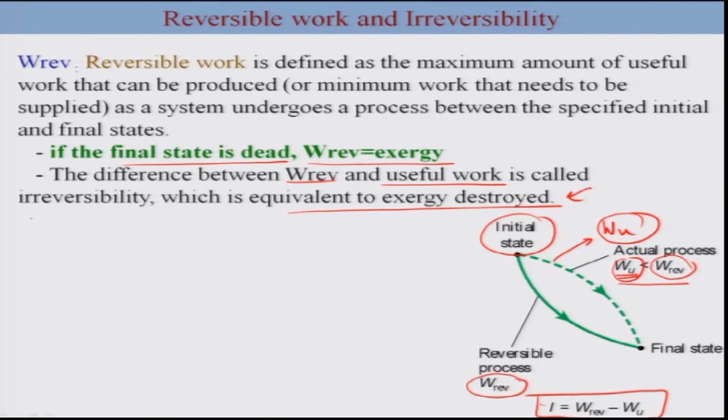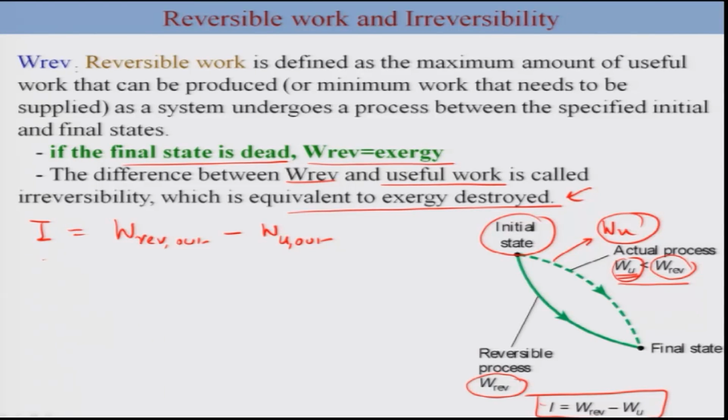So, that is your I, the irreversibility, which would be the reversible work out, since it corresponds to a work producing device, minus the useful work out. So, it is clear that if you want the performance of a system to be maximized, then I should be minimized.